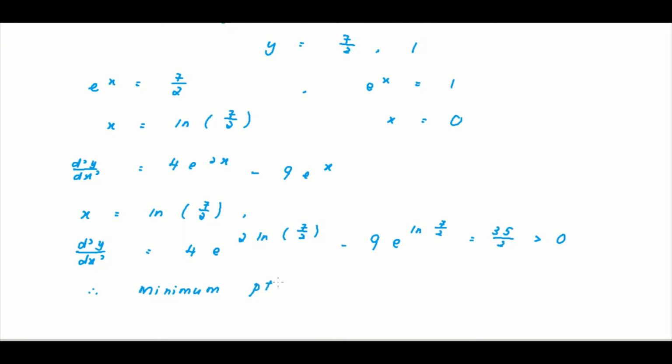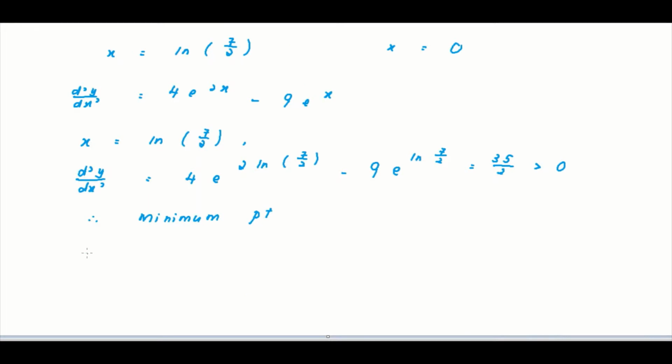The same thing, move on to the next one, when x equals 0. The second derivative will be equal to 4e^(2·0) minus 9e^0. So e^0 gives you 1.